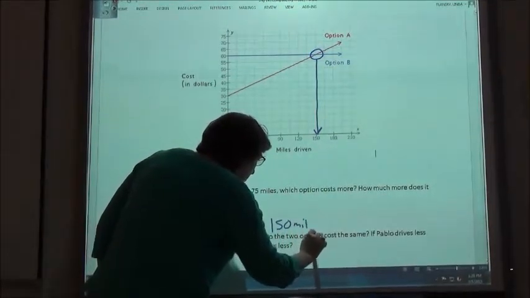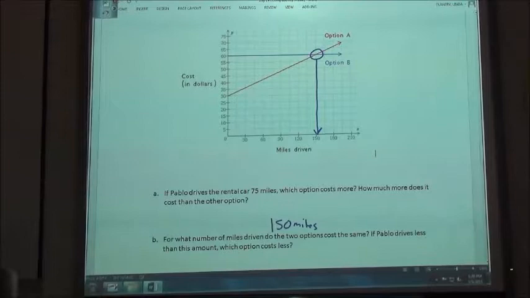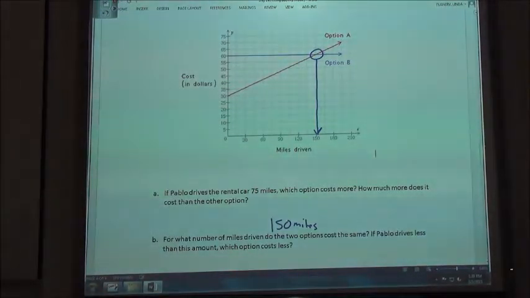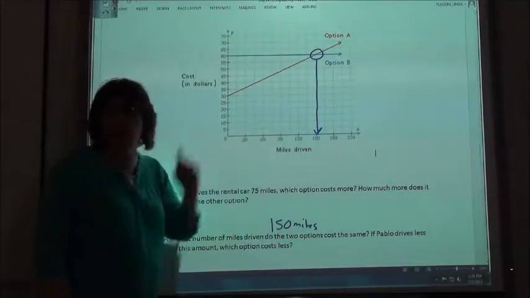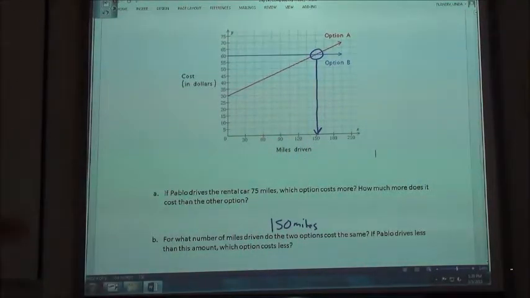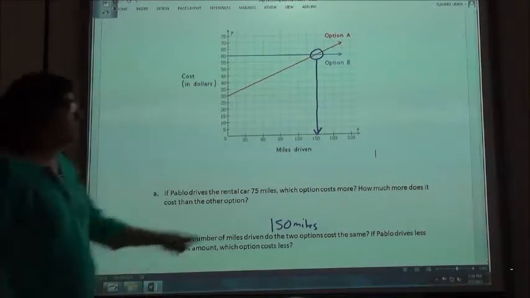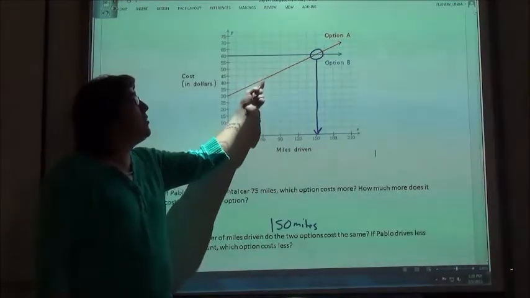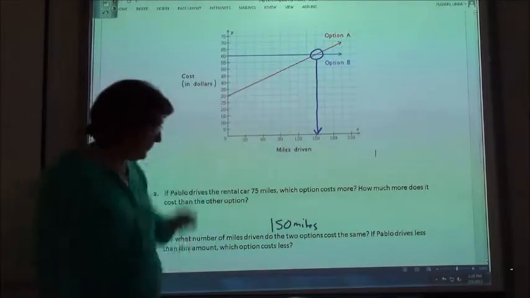If Pablo drives less than this amount, meaning less than the 150, you can pick anything less than the 150. Maybe you want to go to 60. Doesn't matter. If he drives less than this amount, which one is going to cost me less? Anywhere less than this, which line do I run into first? Option A.